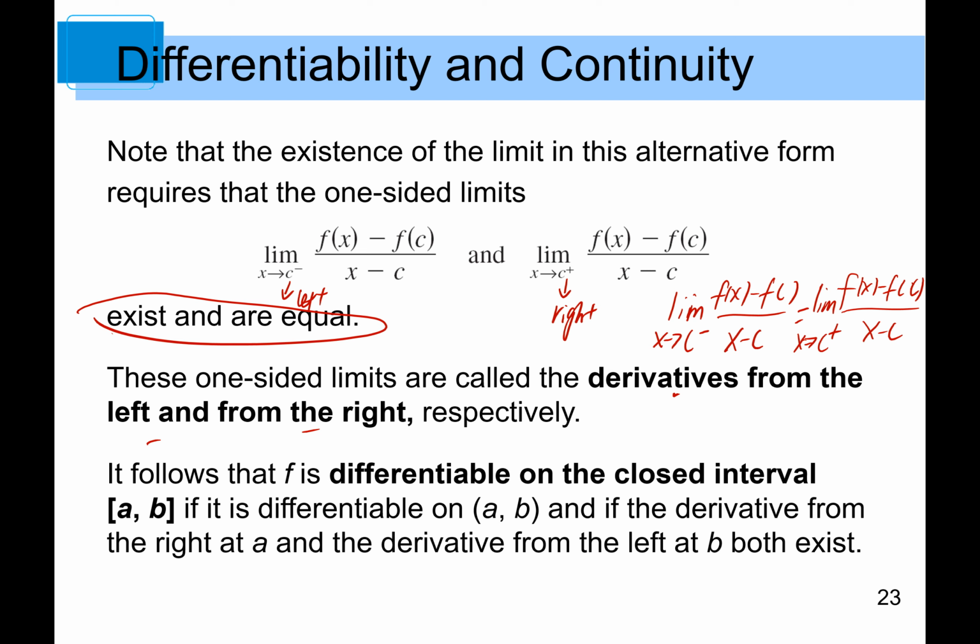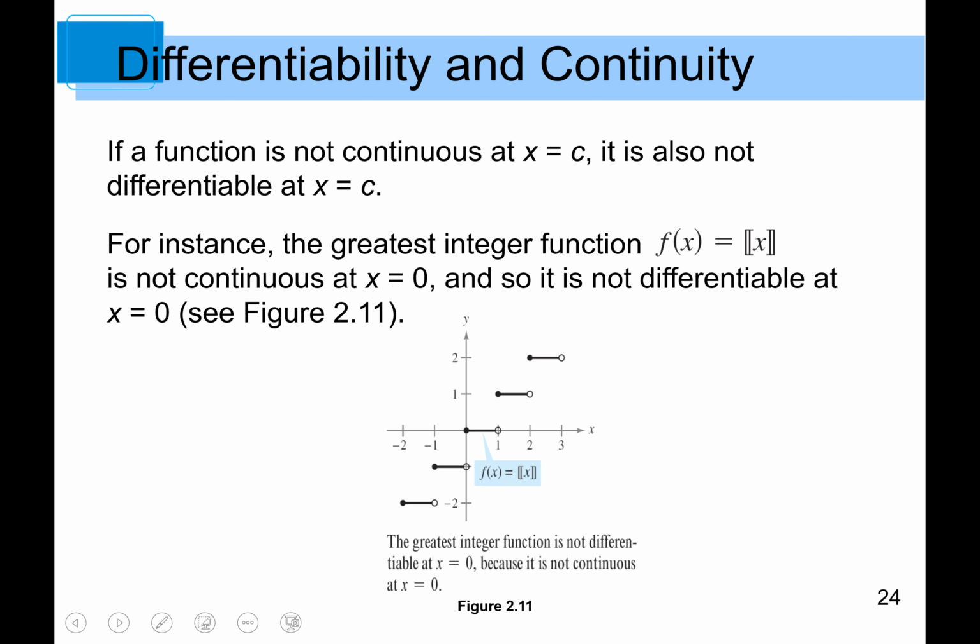It follows that f is differentiable on a closed interval [a, b] if it is differentiable on (a, b), and if the derivative from the right at a and the derivative from the left at b both exist. If a function is not continuous at x equals c, it is also not differentiable at x equals c.